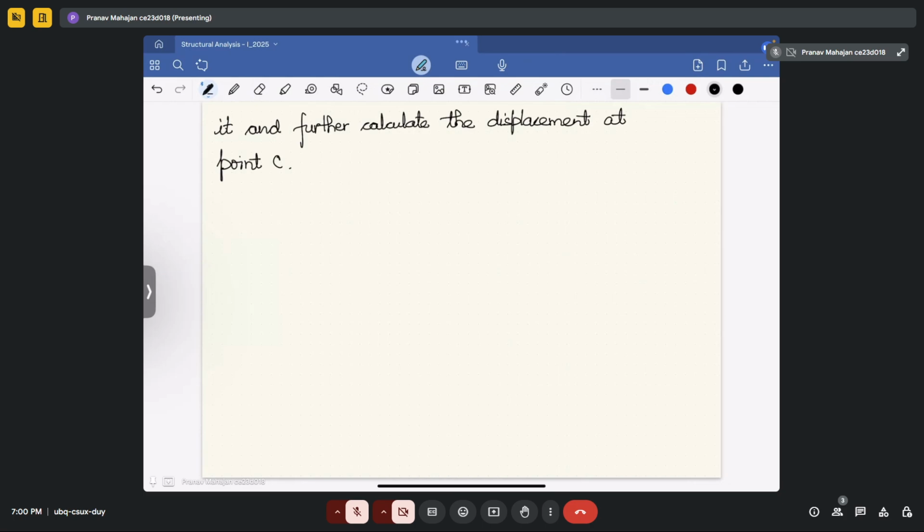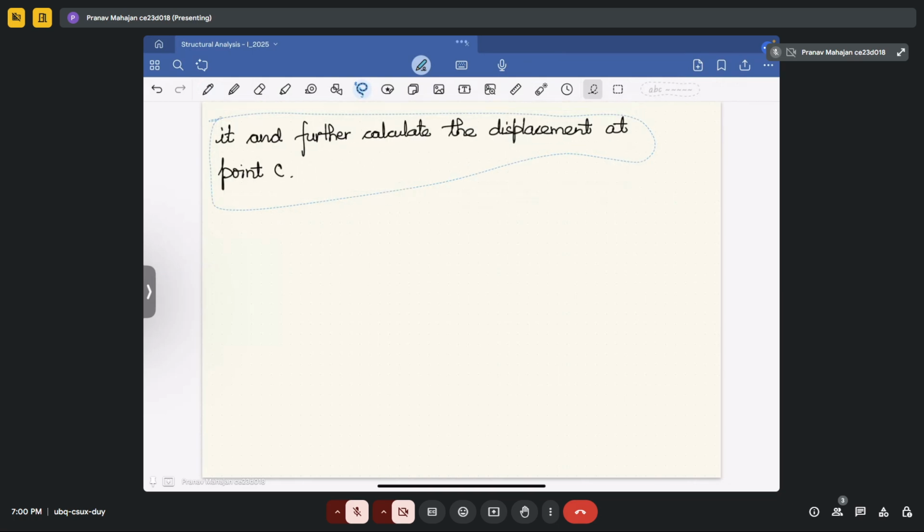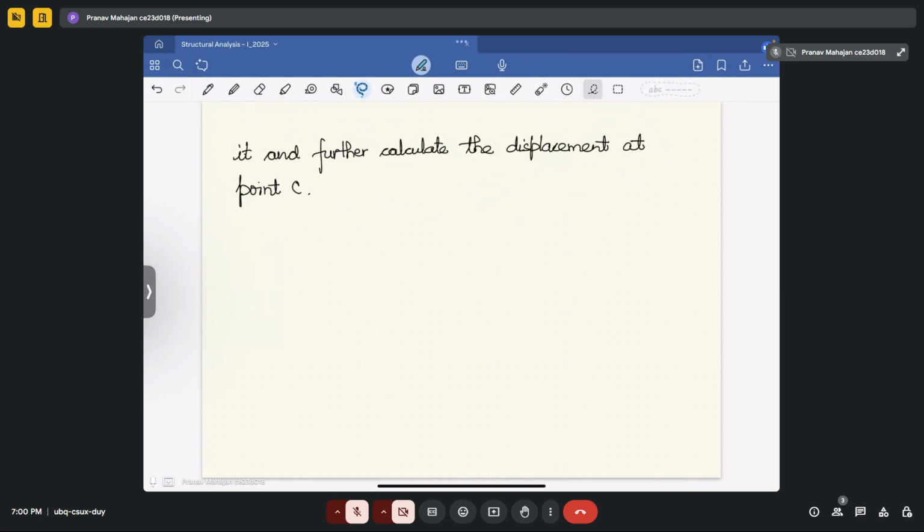So we will consider the displacement at point C. Okay. Let me bring it a little bit down. Fine. Now we will remove this and then solve the problem.